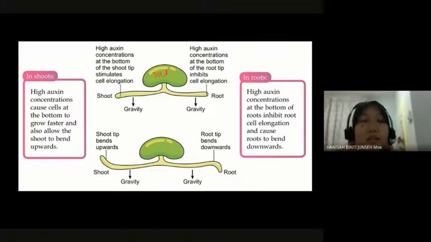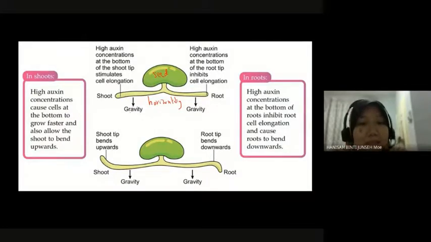Kita sebagai contoh lah. Okay, this is a seed and it will grow horizontally. And then there is a growth of shoot and root. Okay, shoot and root. Ini betul-betul yang starting.